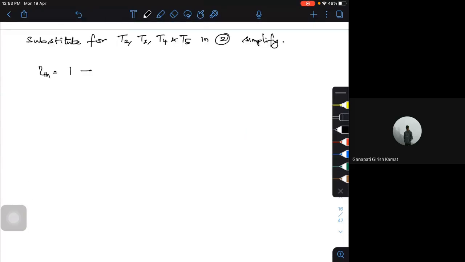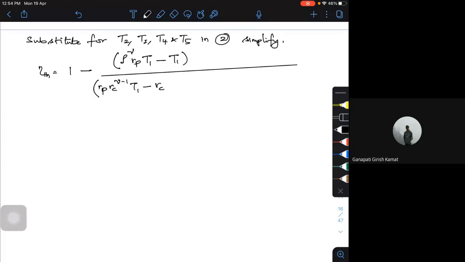So 1 minus rho to the power of gamma RP into T1 minus T1, whole thing divided by RP into RC to the power of gamma minus 1 into T1 minus RC to the power of gamma minus 1 into T1 plus gamma into rho into RP into RC to the power of gamma minus 1 into T1 minus RP into RC to the power of gamma minus 1 into T1.